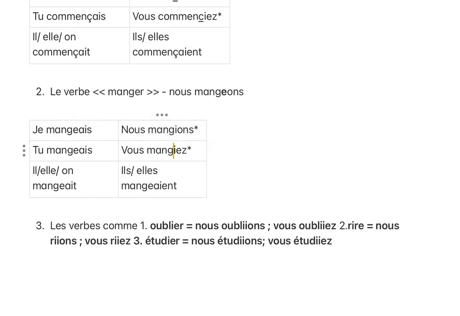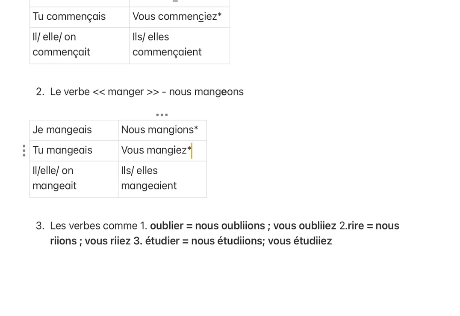As you can see, there is no E. However, in the third person plural, that is, ils mangeaient, elles mangeaient, the E is present. So the exception is simply present in the nous and the vous form.